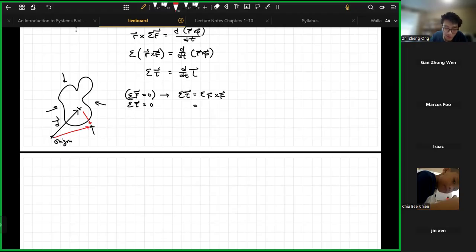That one force I'm pointing to right now, you can describe in two ways. You can describe it relative to the origin, which we call R, or you can describe it with this new vector here, R minus D.